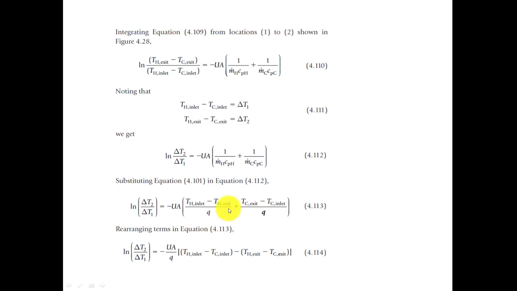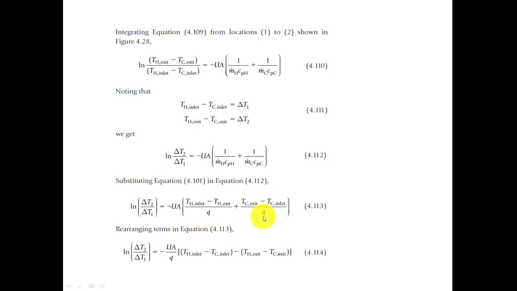Same story I have done here: I have put the value of this mh Cph here. So it will come to Q by Th inlet minus Th exit, plus similarly for this it will be Tc exit minus Tc inlet divided by Q.